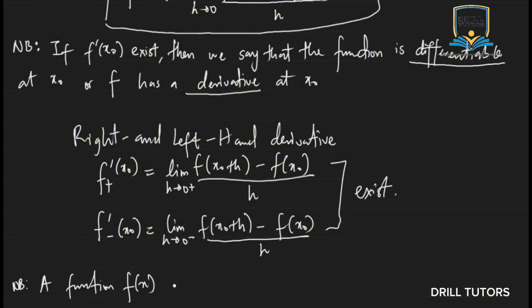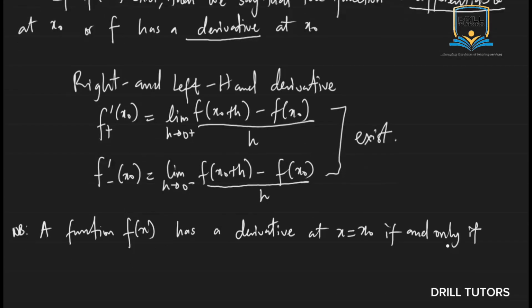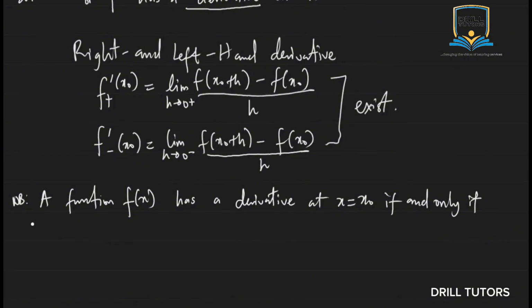A function f of x has a derivative at x equal to x naught if and only if the left and the right hand derivative are equal, like this.